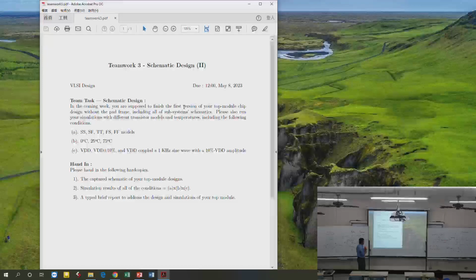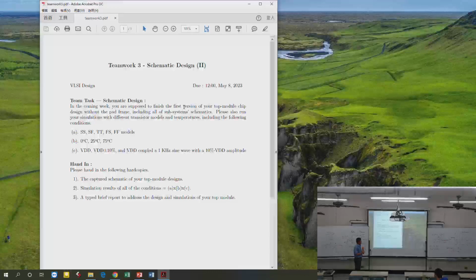Distribute all the efforts over the weeks that are left in this semester. I'm sorry, that's May 15th. It's not May 8th. I'm sorry, my bad. So in the next week, you will just keep doing the schematic design. However, this week, I ask you to send a report to tell us that you already finished certain blocks of your final chip projects.